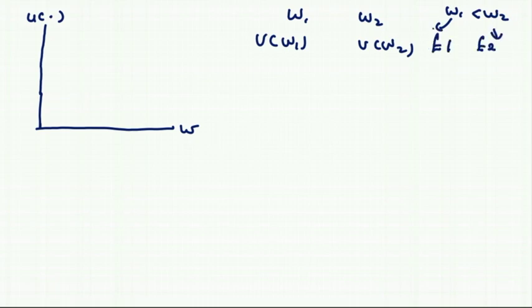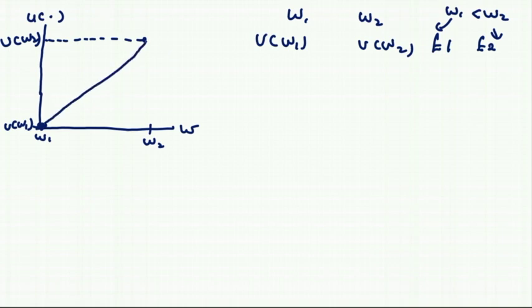I'm just making it up to show it numerically. So let's say W1 is here. Therefore, UW1 is here, isn't it? So we have the first point here. Let's say W2 is here and UW2 is here. So we have 2 points. Now join these 2 points to create one straight line.